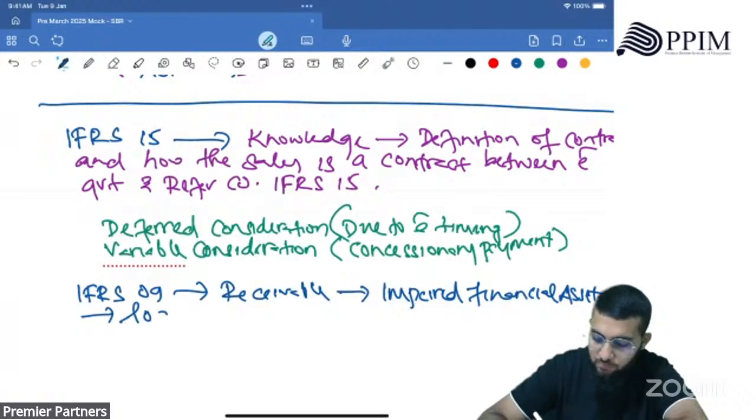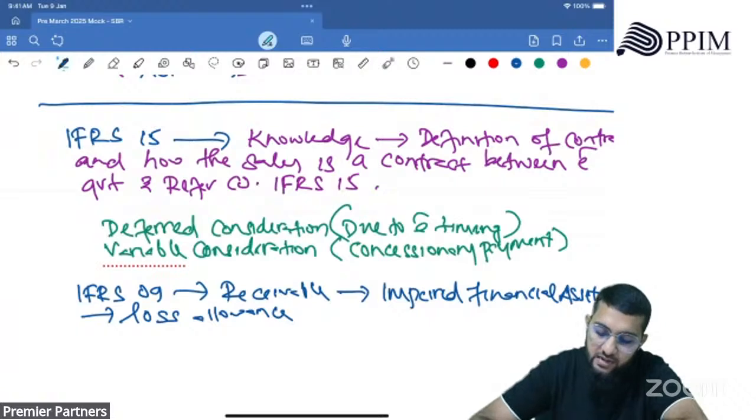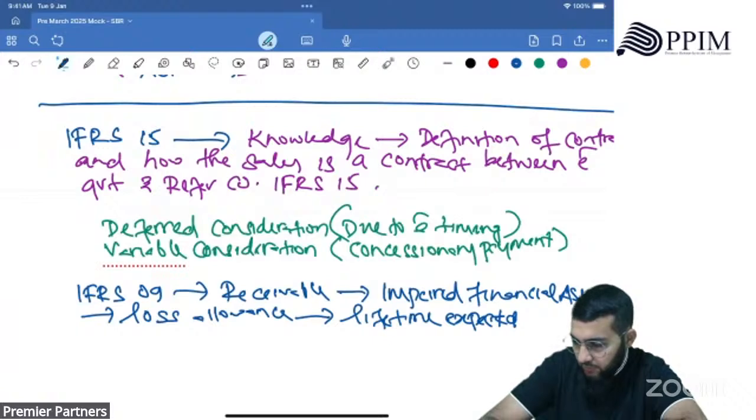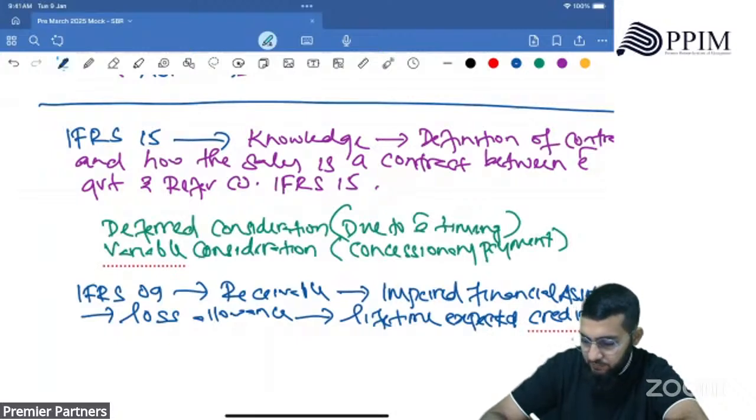So there should be a loss allowance. And the standard IFRS 9 simplifies for receivables that the loss allowance should be at the lifetime expected loss allowance, right?